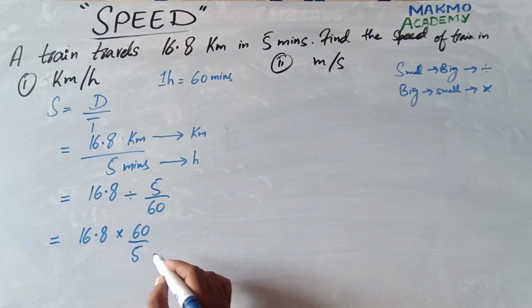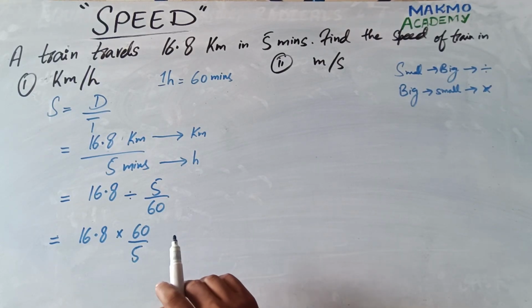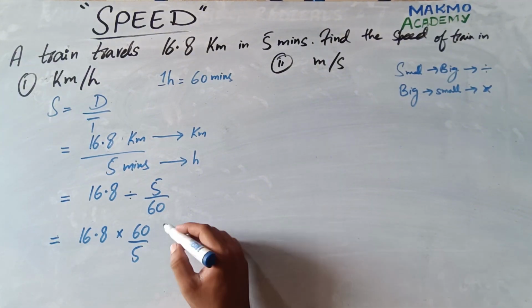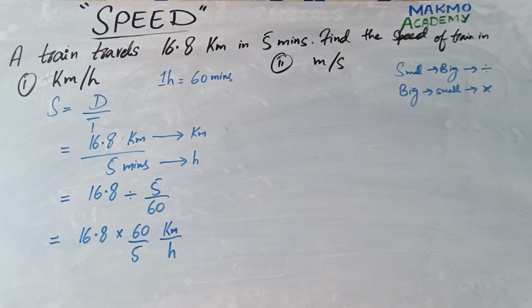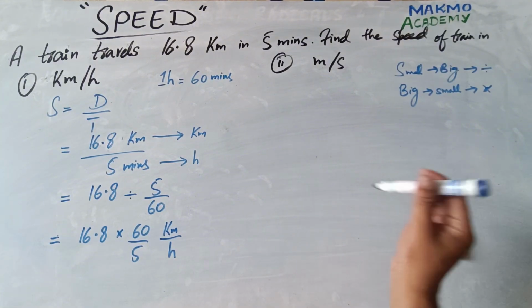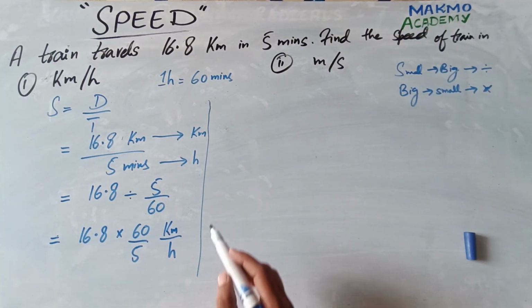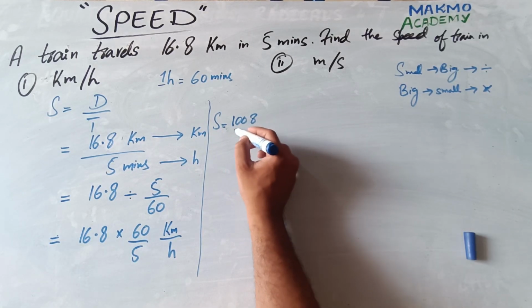Now we have to simplify them and give the answer in kilometers per hour. So let's multiply 16.8 by 60. This gives us 1008. Speed is equal to 1008 upon 5.